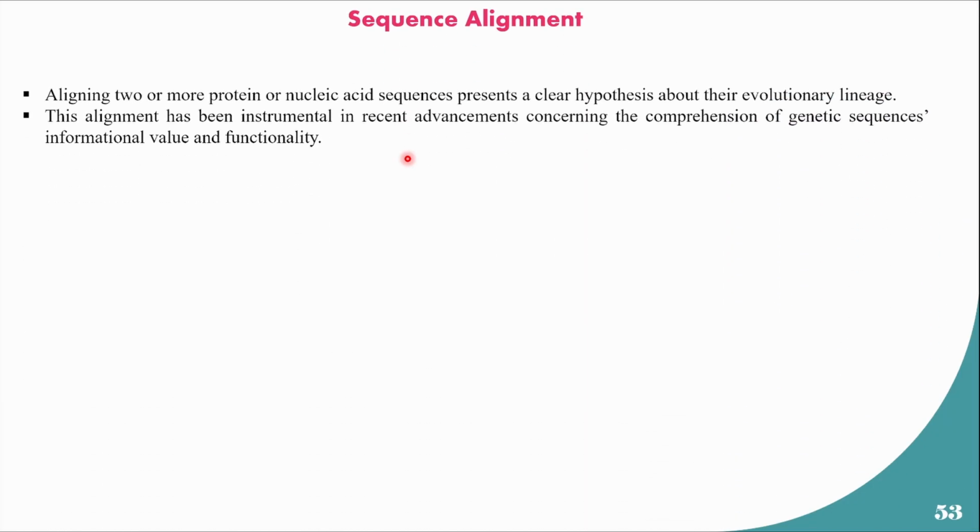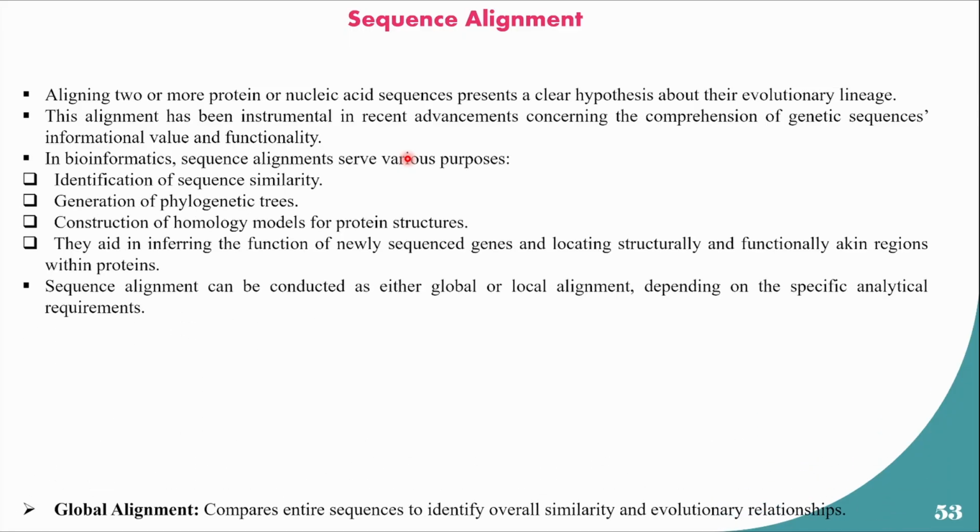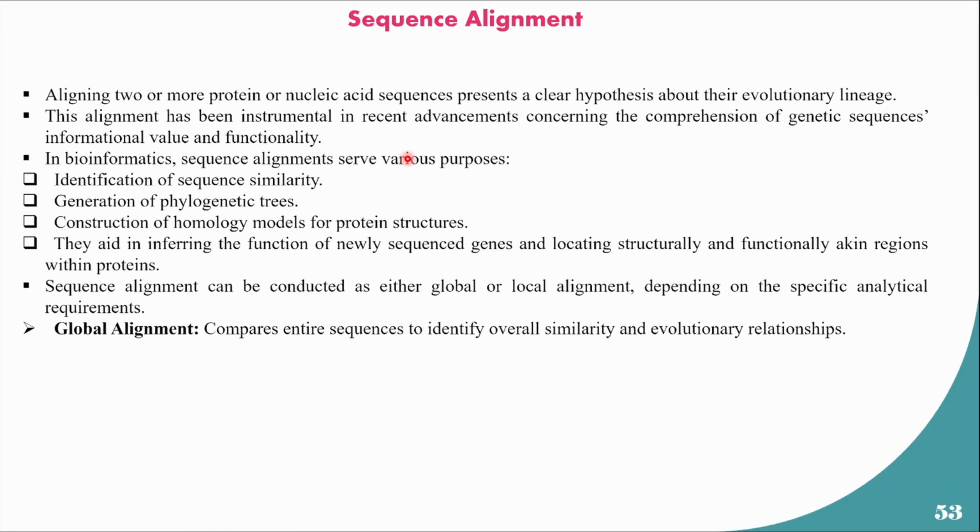Now we looked at the different concepts regarding sequence alignment. Now, why are sequence alignments needed? Basically, sequence alignment can give us an idea about the sequence similarities, and the sequence similarities can further give us ideas about the core functional part of some proteins, right?